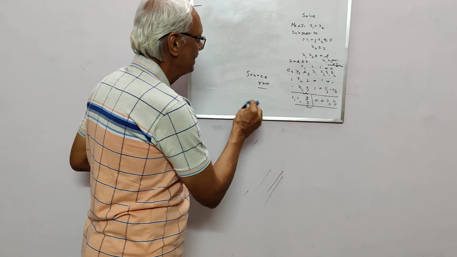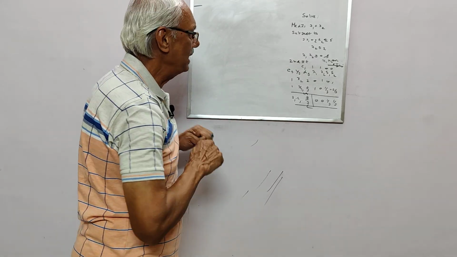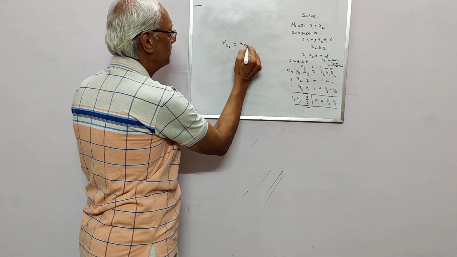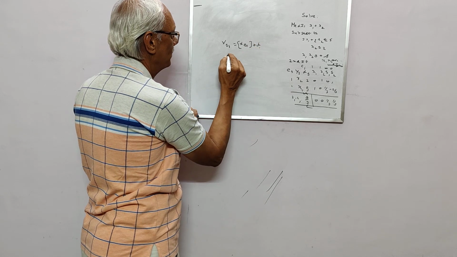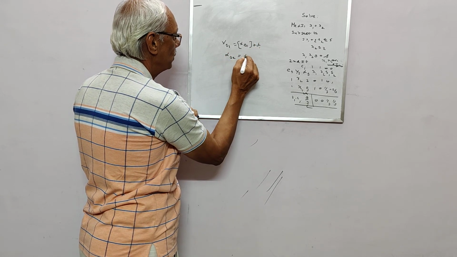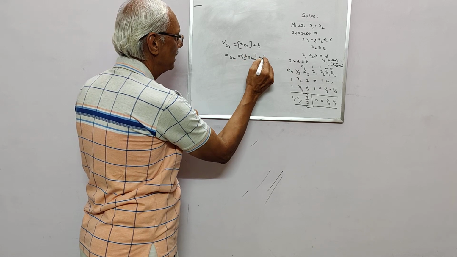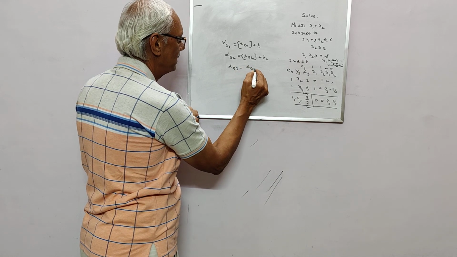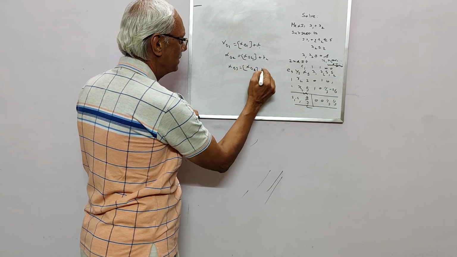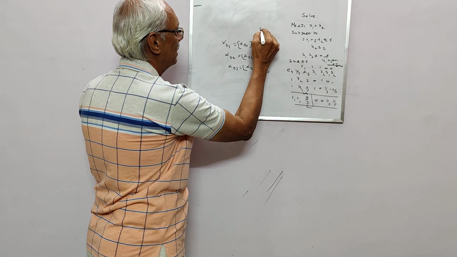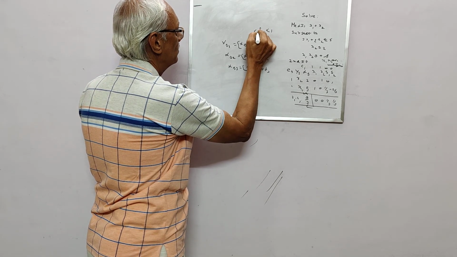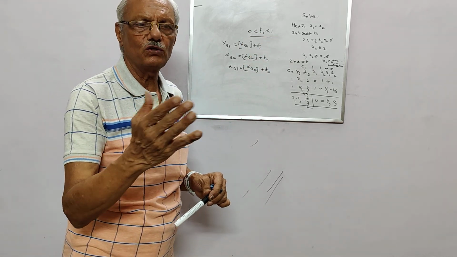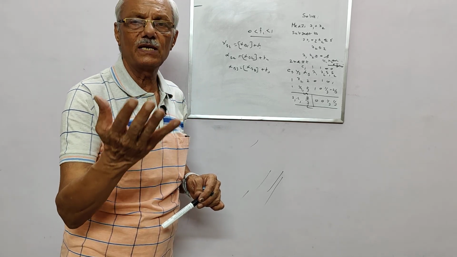For that, the method is like this. See, you take xb1 and write it as xb1 plus f1. For xb2, you write it as xb2 plus f2. Or xb3, you take it as xb3 plus f3. All the fi's are fractions lying between 0 and 1. Naturally, it should not be negative and it cannot be more than 1.